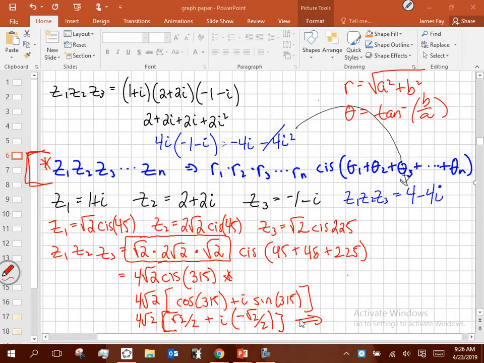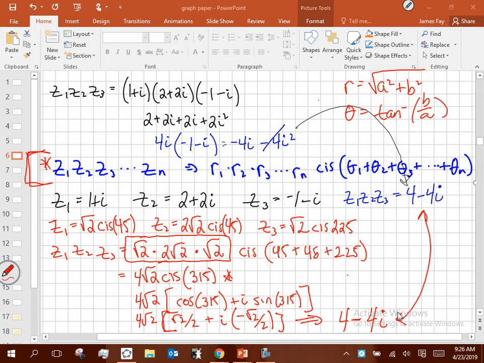Okay, so now we distribute. 4 radical 2 times radical 2 is going to give me 8, right? And then I have 8 divided by 2. It's going to give me 4. And then when I take 4 radical 2 times this radical 2 over 2 again, it's going to be 4, but it's now negative. And then I multiply it by my I. We recognize those two things are the same, right?